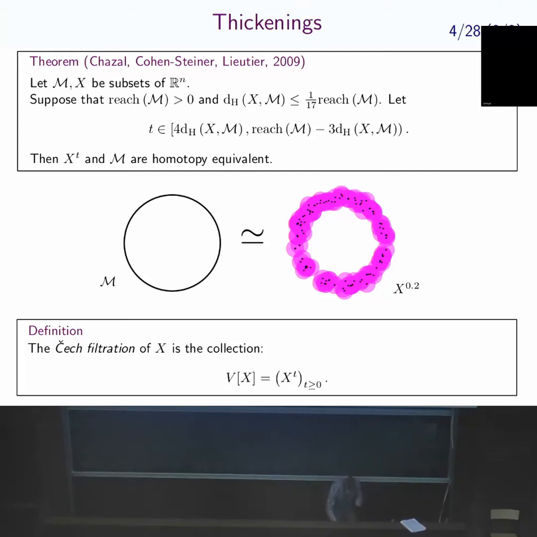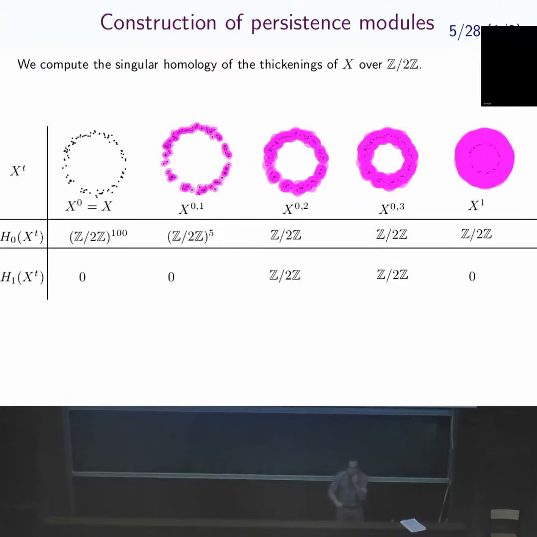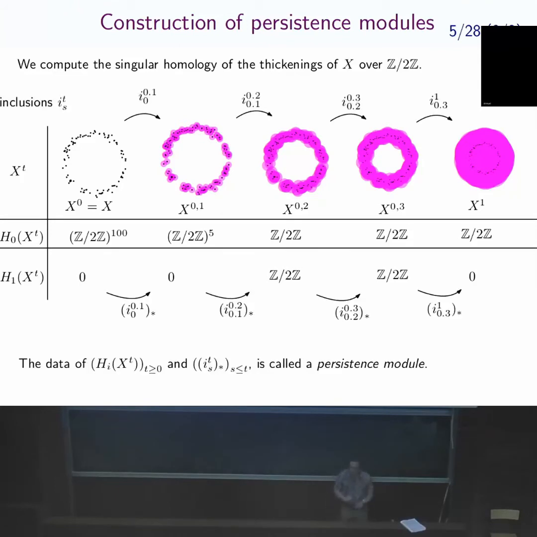So now let's do some algebra. For every thickening, I will compute its homology groups, here over Z/2Z. As the filtration grows, the groups evolve. At some point, we have the homology groups of the circle. And there is a bit more structure here, because the Čech filtration comes with inclusion maps.